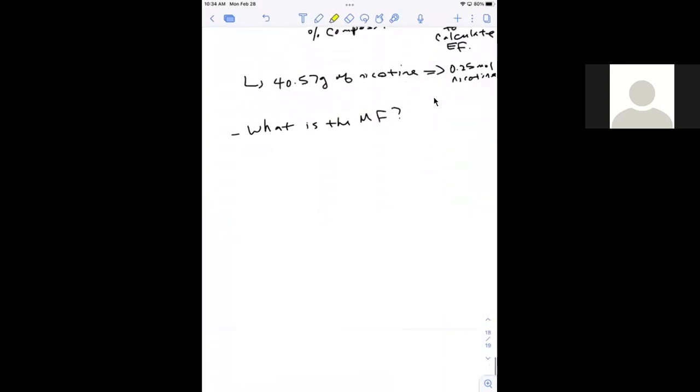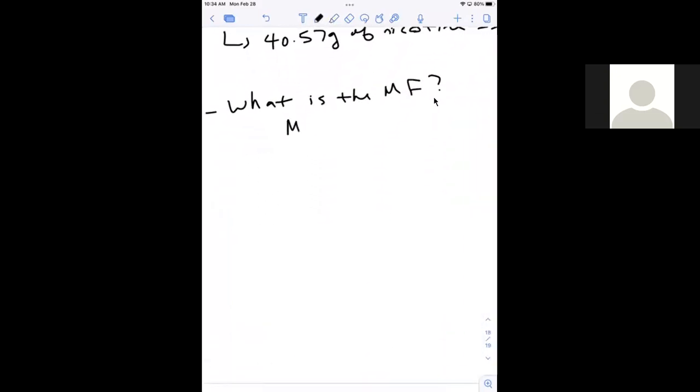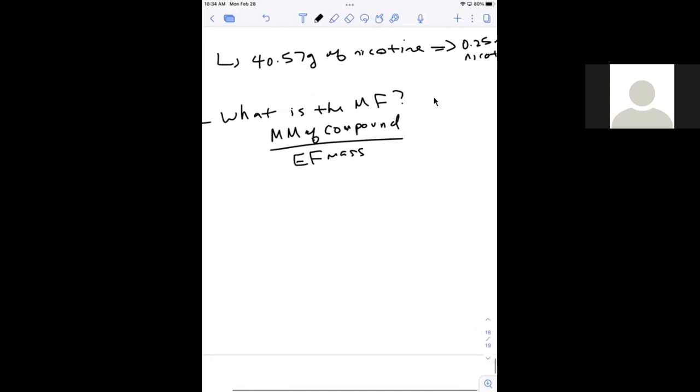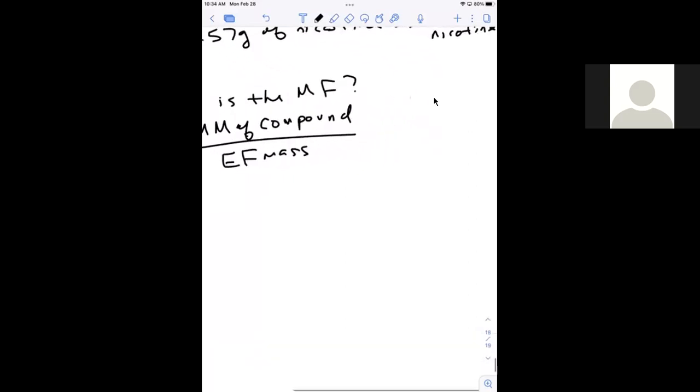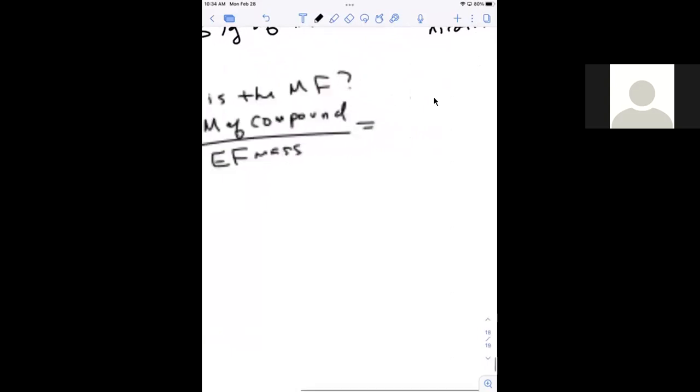Let's put that over here. So it's the molar mass of the compound divided by the empirical formula mass, and that's going to give us those formula units that we can use to figure out the molecular formula, right?